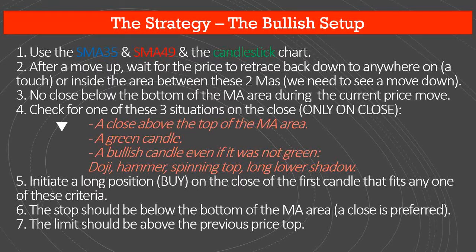The 35 is the blue one, and the 49 is the red one. And I use, as you have seen, the candlestick charts. Of course, using the bars is also no problem, but the visual understanding that the candlestick gives you is way better than the bar. So I highly recommend using a candlestick chart for this strategy.